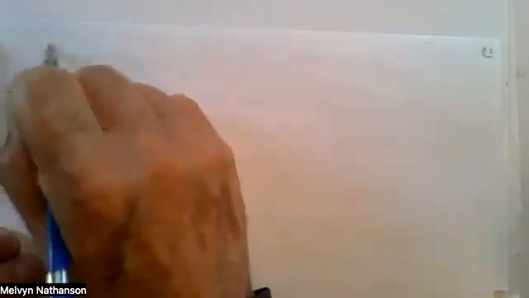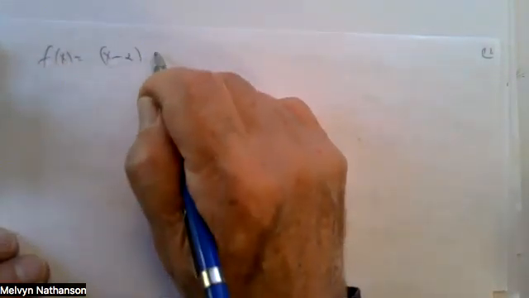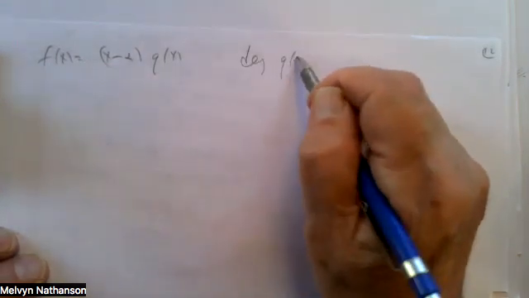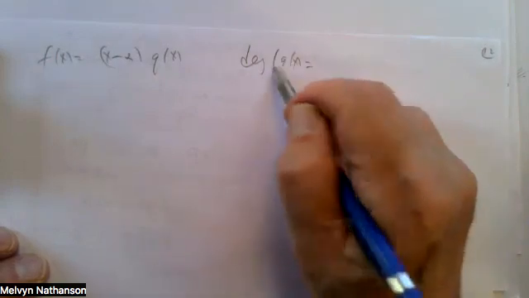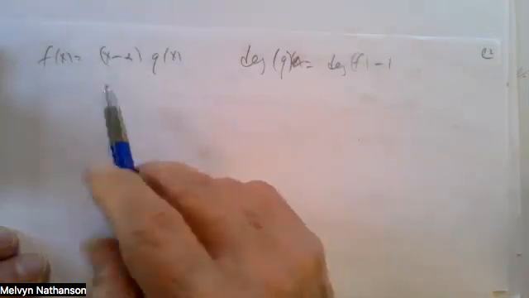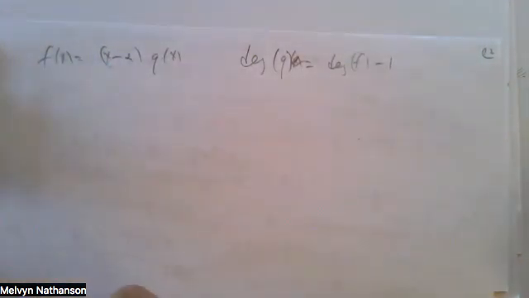So then you can write f of x is x minus alpha times some q of x. The degree of q is the degree of f minus 1. So 1 plus this equals the degree of f.